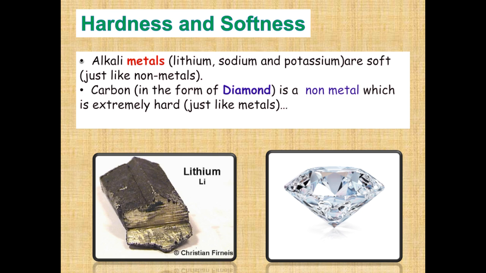Hardness and softness: alkali metals are soft just like non-metals. But diamond, which is a non-metal, is extremely hard just like metals.